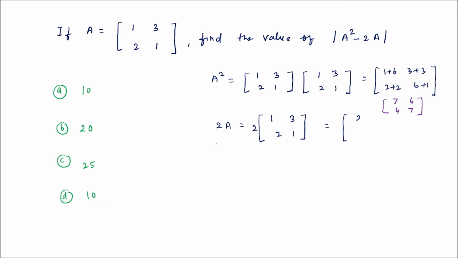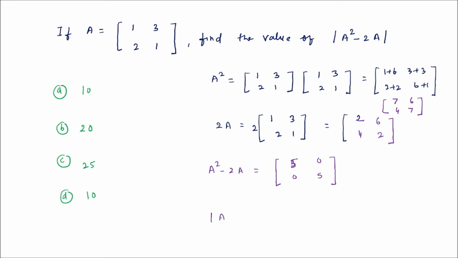Now 2 times matrix A. Multiplying this matrix by 2 means we have to multiply each element of this matrix by 2. This is 2, 6, 4, 2. Now A square minus 2A means we have to take the difference of these. 7 minus 2 is 5, 6 minus 6 is 0, 4 minus 4 is 0, 7 minus 2 is 5.